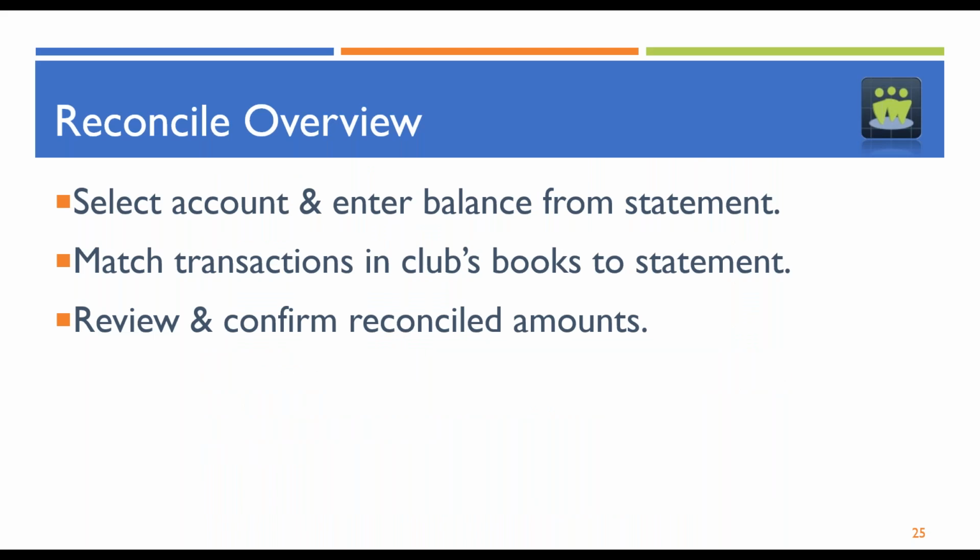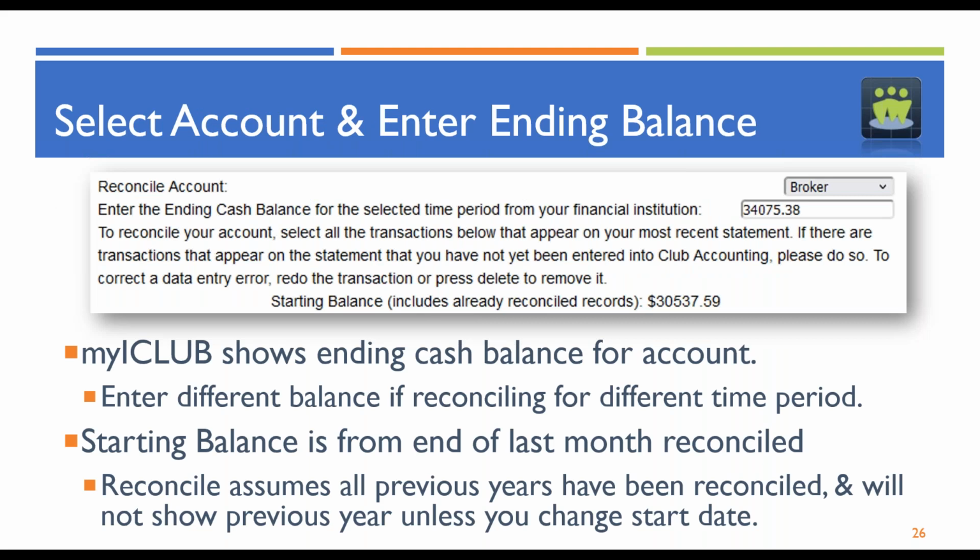So 3 main sections. That's selecting the account and entering the balance from your statement. There's also the matching transactions to the club's books, and the review and confirmed reconciled amounts. So first off, that part at the top, the site will show the ending cash balance for the account. And as I say, this might look a little odd the first time you go in to see it, because it will show transactions for the entire year, but it will show also whatever the last balance available for, in this case, it's selected for broker, but you can choose the bank or whatever other account you've got set up.